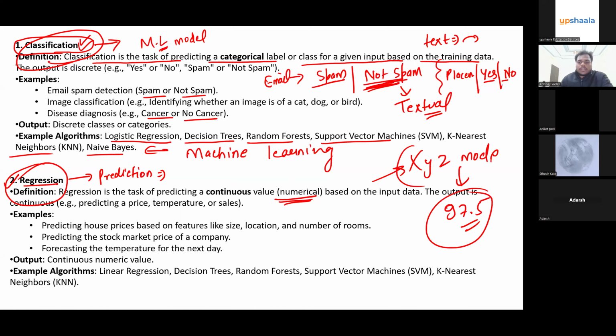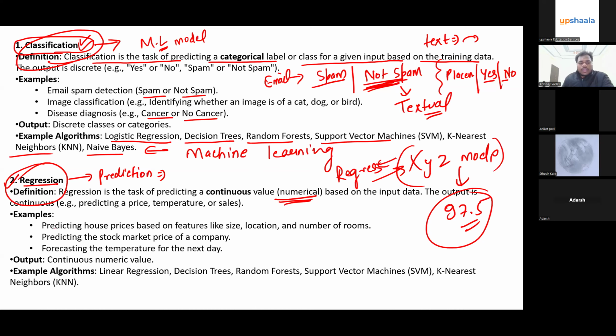It is a regression model. On the basis of these two categories, you can differentiate what kind of algorithm it is. Later we will understand which algorithms come under classification and which under regression, and why.